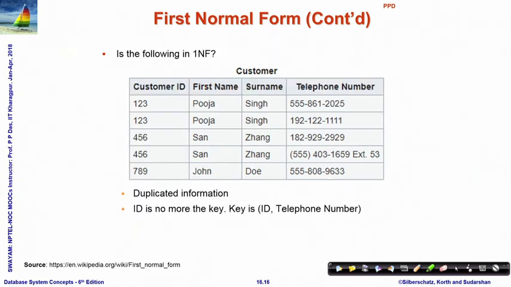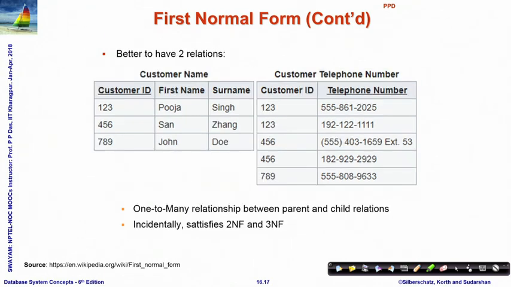The other way could be that for every telephone number you introduce a separate row. Once you do that, you already know you have redundancy and possibilities of varied kinds of anomalies. So, one way it could be achieved is we follow the principle that we had seen in ER modeling, that this multi-valued dependency can be represented in terms of a separate relation, where against the customer ID we just keep the telephone number.